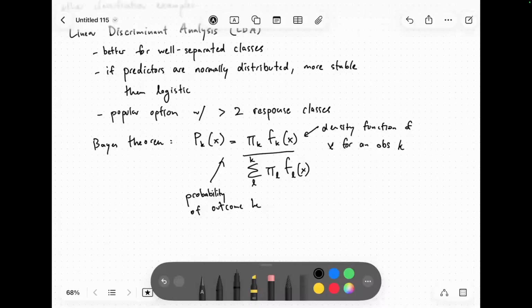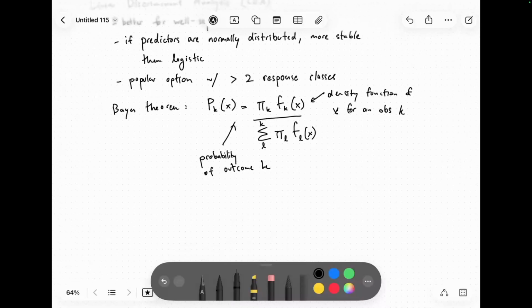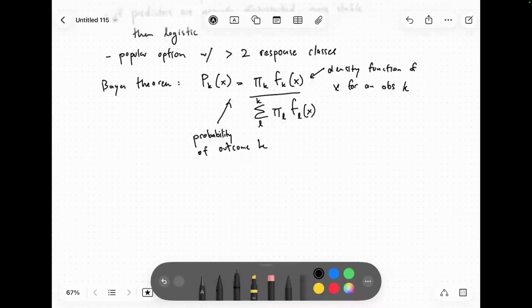The reason this is more stable with normally distributed predictors is because we don't actually know what the density function f of x is. So what the LDA does is that it assumes this. So f of x is assumed to be this in an LDA.